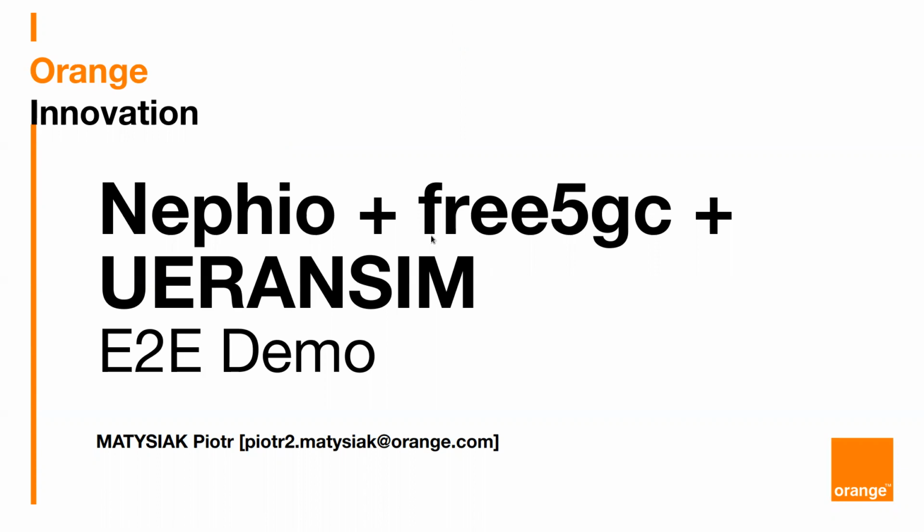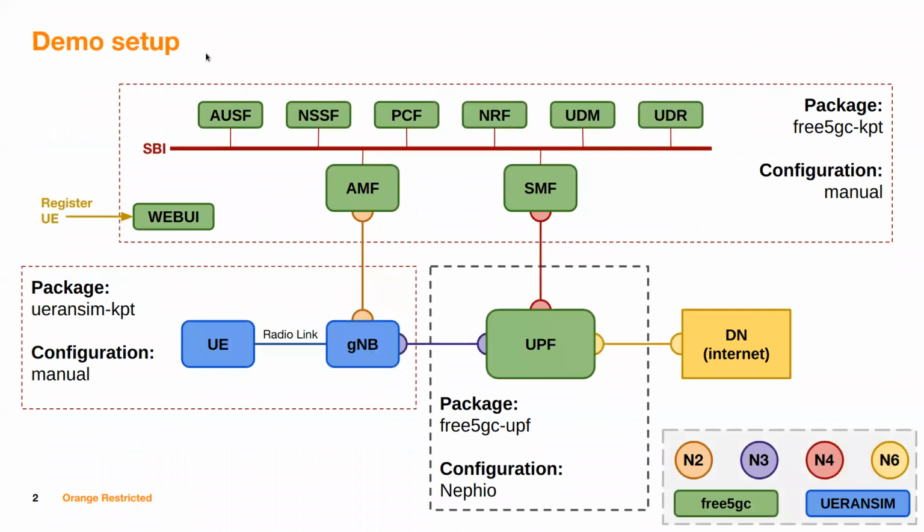To be on the same page, I prepared the demo setup to understand what we are trying to achieve and what end-to-end demo means for us. At the start, we used only the kpt 5GC UPF package, and the rest was deployed using the Helm charts.